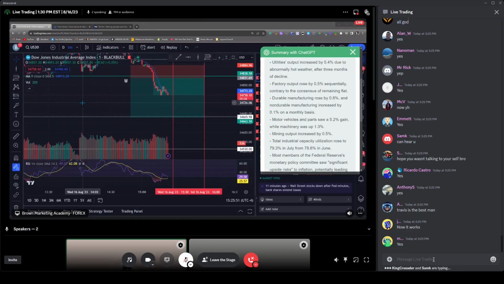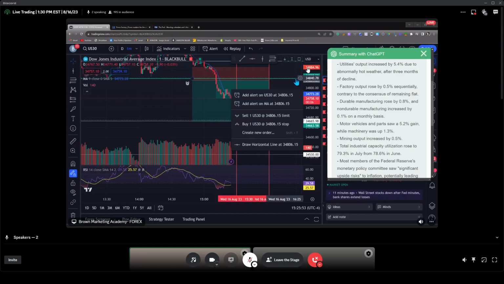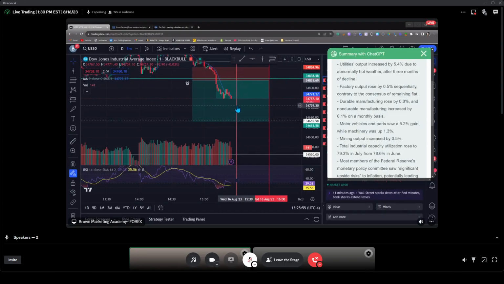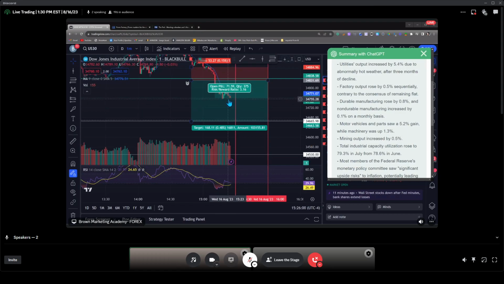What I was saying is, I'm probably only going to be in this trade until 3:30, depending on what this 3:30 candle looks like. I would like price to break this support area right here to confirm my push to the TP. Hopefully at 3:30 we get some strong blue red candles.